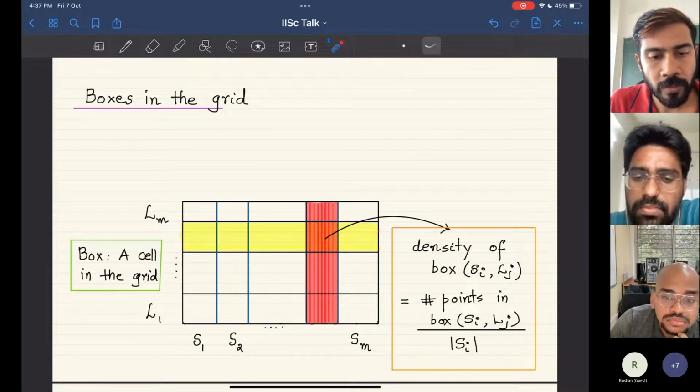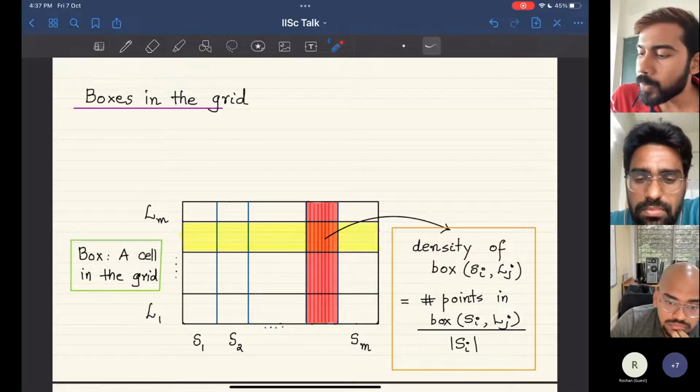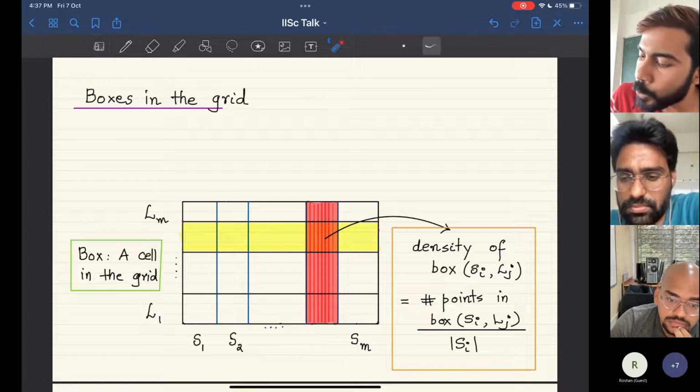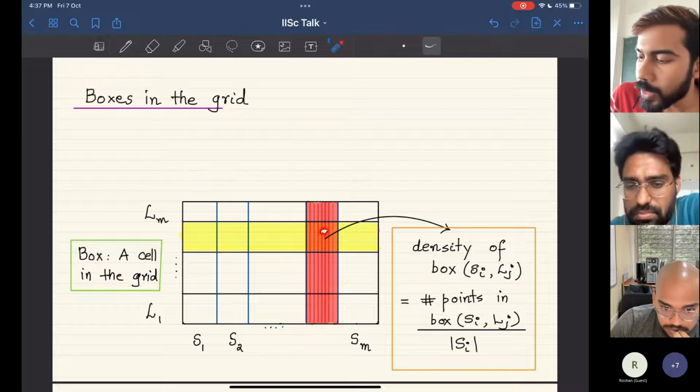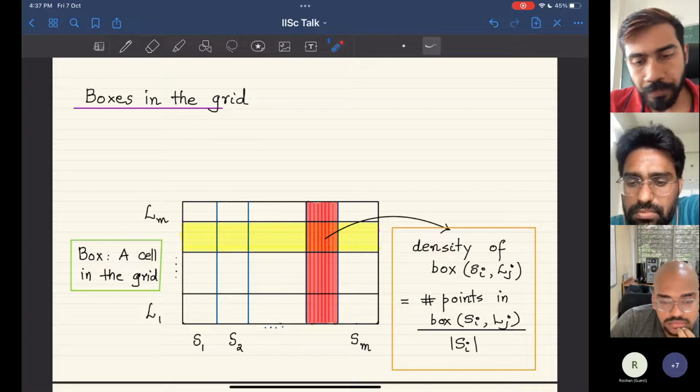This is the density of a box. In other words, the density also represents the probability that a uniformly random query made to something here will land up in this box. That's the density of the box.